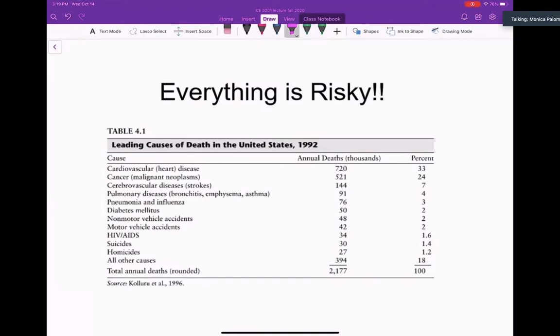This table is a little bit old, however, still relevant to illustrate the principles in the class. So cancer, annual deaths, whatever the number, let's concentrate on the percent right now, 24%. I believe because of detection it could have been going higher, but the percentage stays steady.